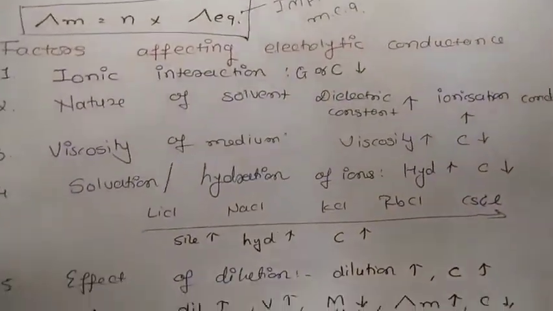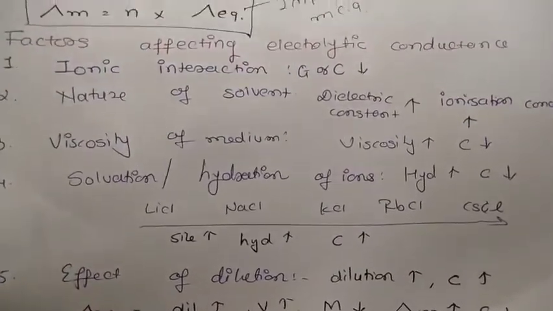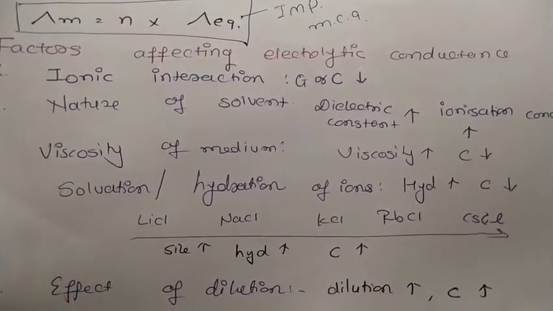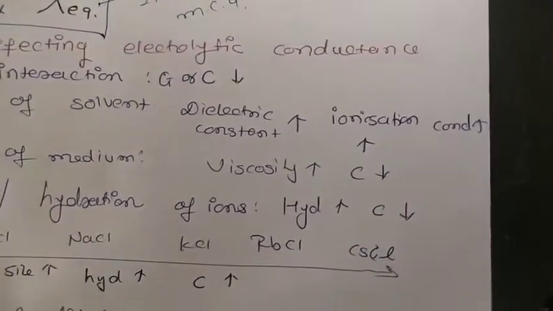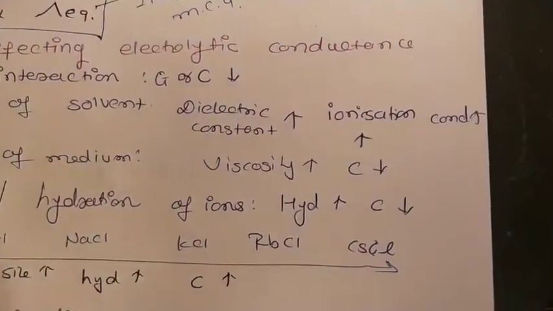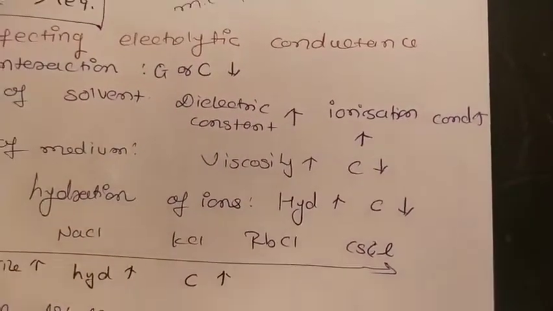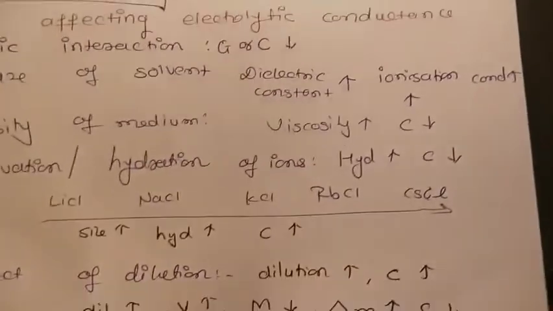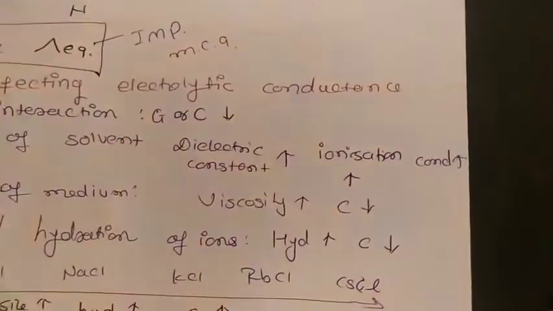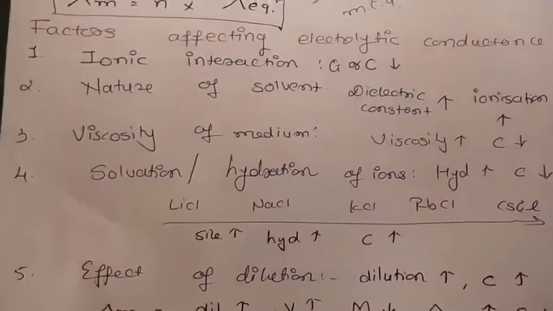Next is viscosity. If a liquid is semi-solid or viscous, then the conductance will be less because separation into ions will be less. Listen, ions here are the carriers to carry an electric current. So if ions are less, then conductance will be less.